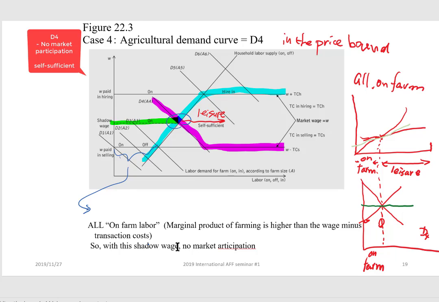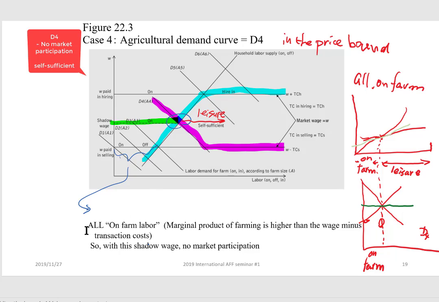In that case, it is called no market participation. They decide their own way with this utility isoquant, which depicts the utility level, and the production function. They decide not to work in the market.